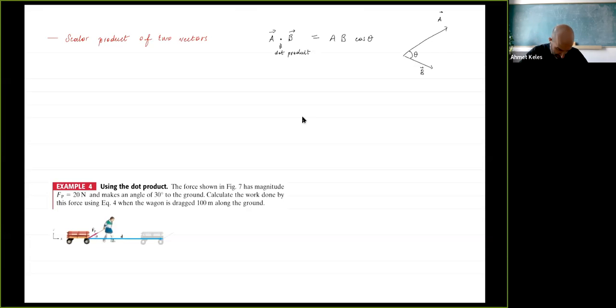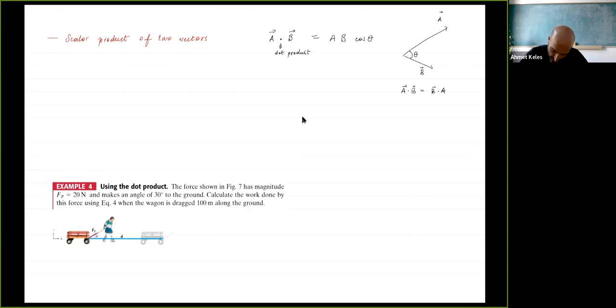Now let me introduce some vector components. Maybe a couple of things that we need to talk about. First of all, if you change the order, it doesn't change, right? A dot B is equal to B dot A. So that's a sensible mathematical operation.